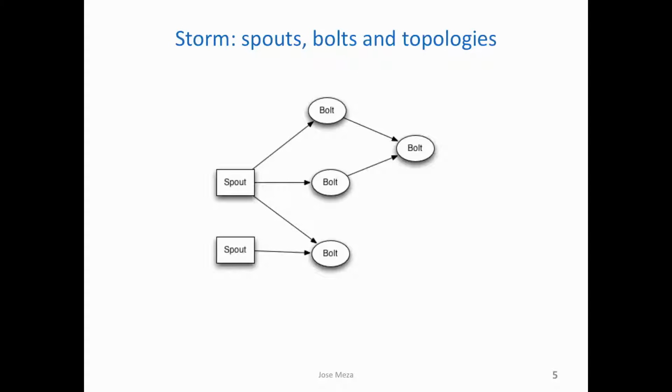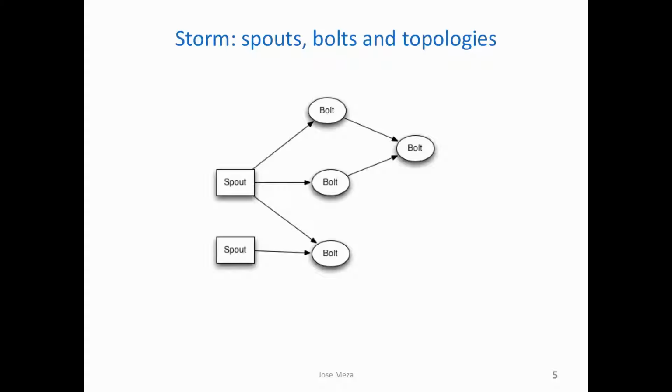So what we see here is a topology. A topology is made out of spouts and bolts. The spout being the source of the streaming data. Like I said in the previous slide, it can be a database or a tweet or any other source that you can think of.